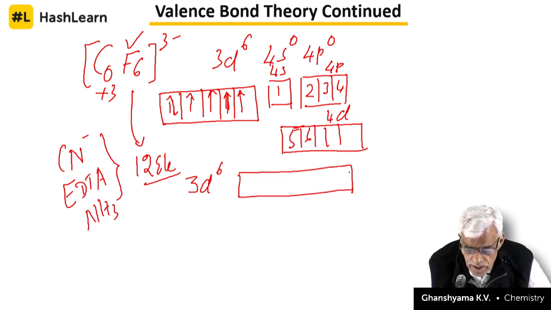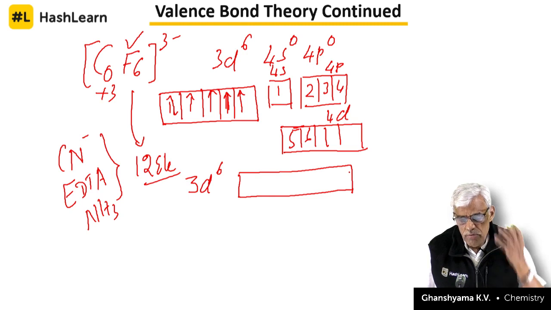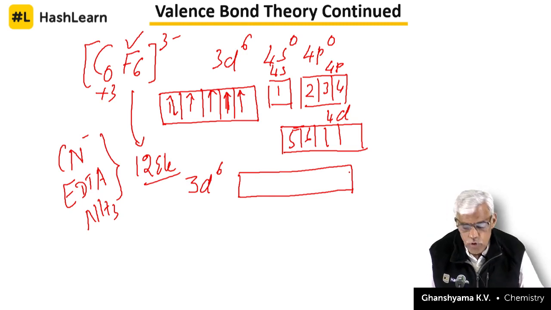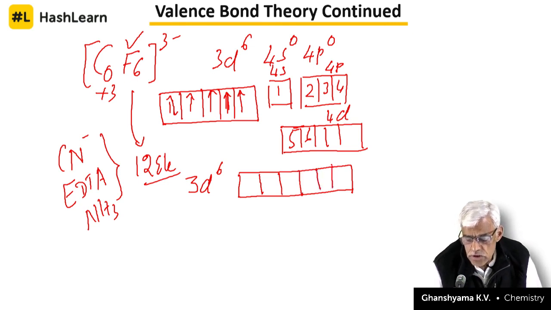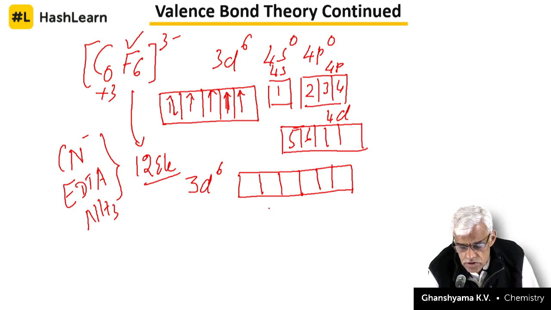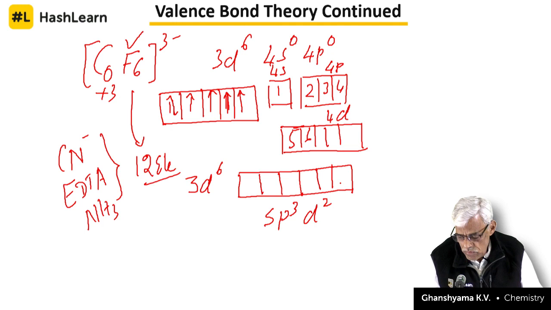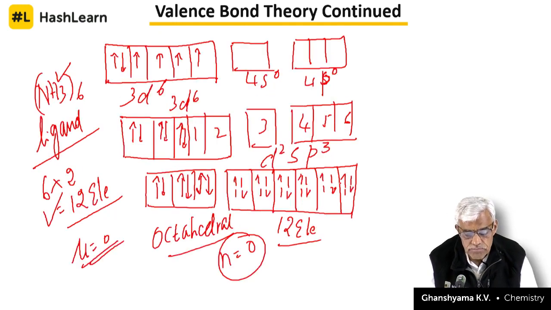One orbital from 4s, 3 from 4p, and 2 from 4d. The 6 vacant orbitals are provided here, and this is sp3d2. Going back to CoNH3, it is d2sp3.